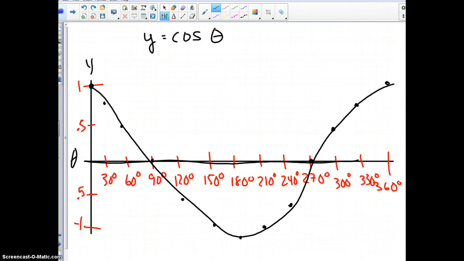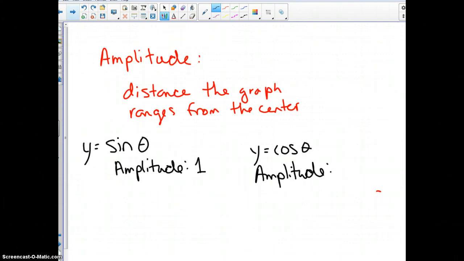And you notice at this point, that's 1 unit. Here in the middle, it actually goes down at 180 degrees, that's still 1 unit. Back over at that end is also 1. So notice it's varying 1 unit in each direction, which means again its amplitude is 1.